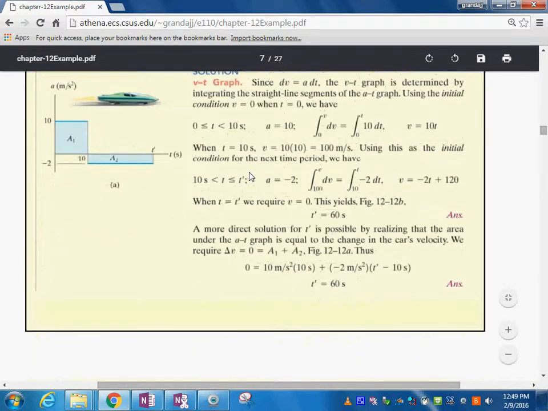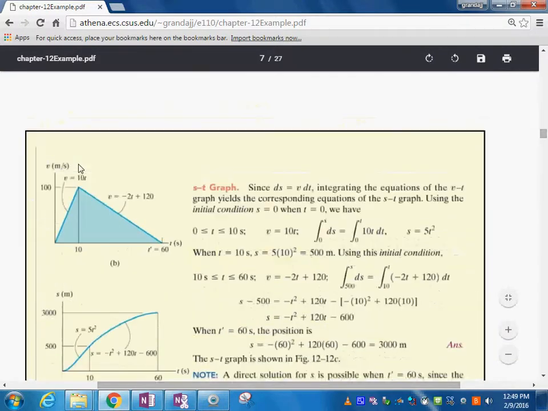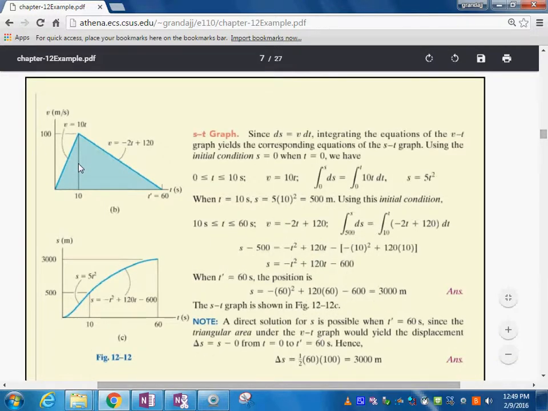So when t is equal to 10 seconds, s is going to be 500 feet, 5 times 10 to the second.